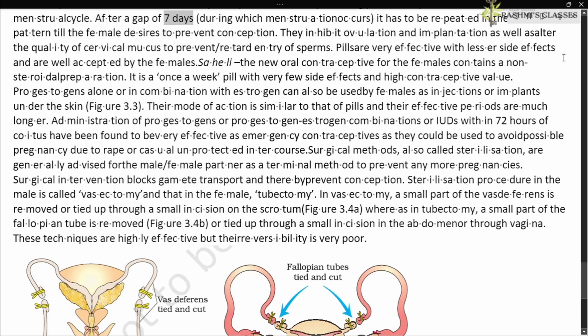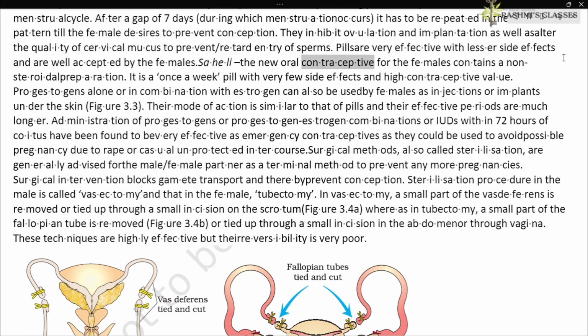After a gap of 7 days, during which menstruation occurs, it has to be repeated in the same pattern till the female desires to prevent conception. They inhibit ovulation and implantation as well as alter the quality of cervical mucus to prevent/retard entry of sperms. Pills are very effective with lesser side effects and are well accepted by the females.